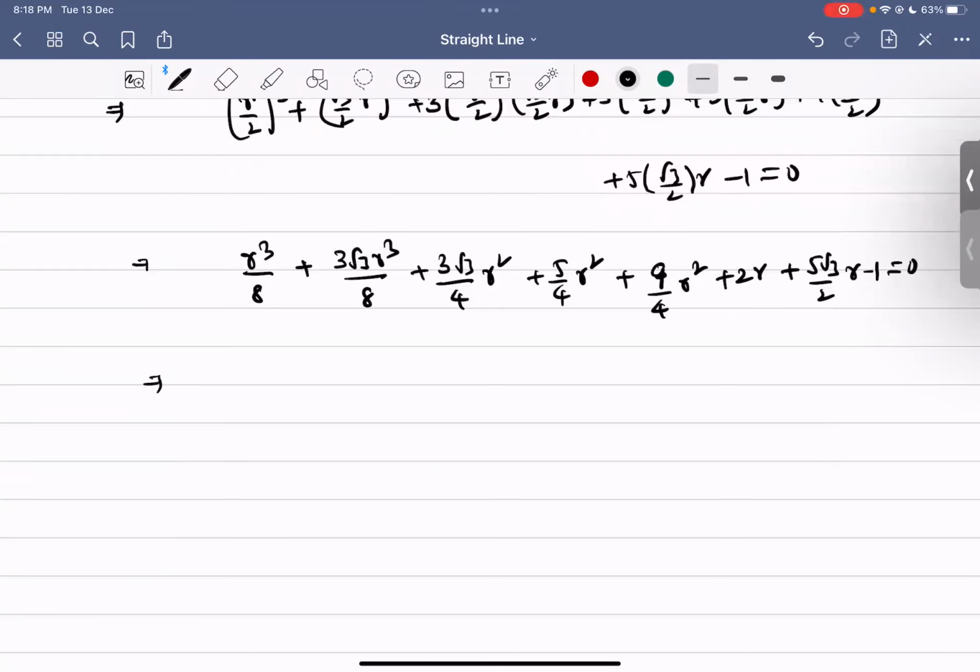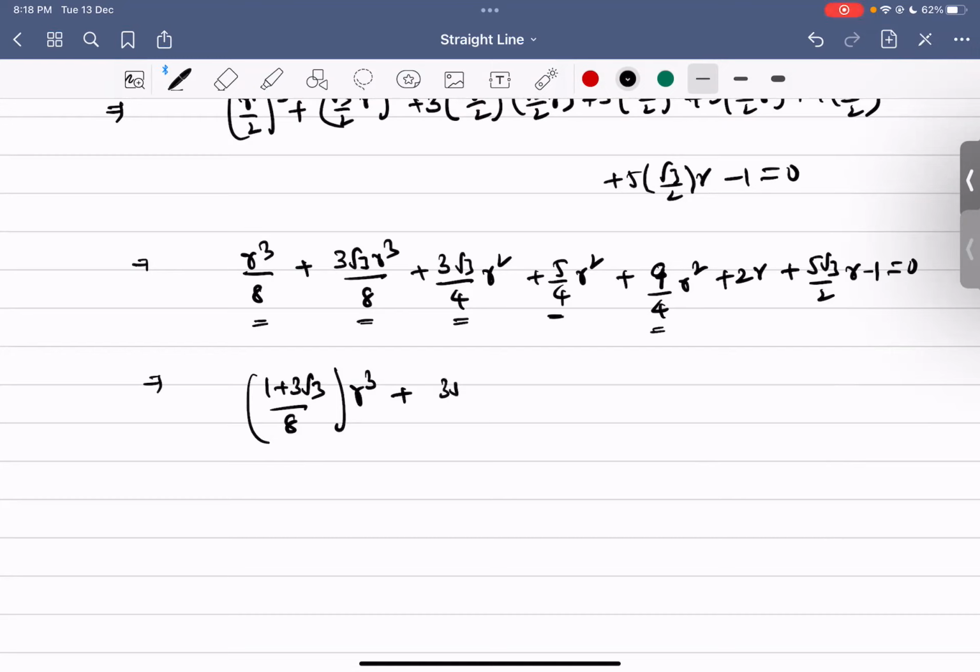So from the first two terms, you take out R cube common, then what you get? 1 plus 3 root 3 by 8 into R cube, plus from the second, third and fourth terms, you take out R square common.